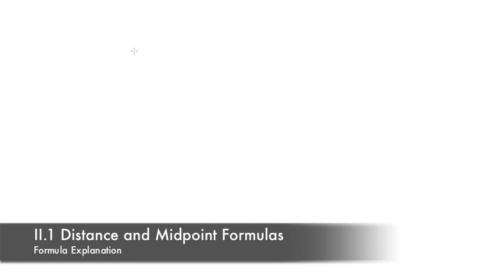Okay, so with our coordinate plane, we're usually going to be working with two axes, an x-axis and a y-axis. So here's our x-axis, here's our y-axis. Now we adopt the convention that to the right on the x-axis is considered to be the positive direction.